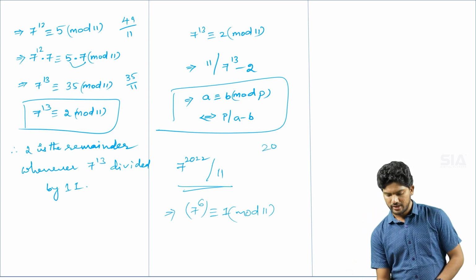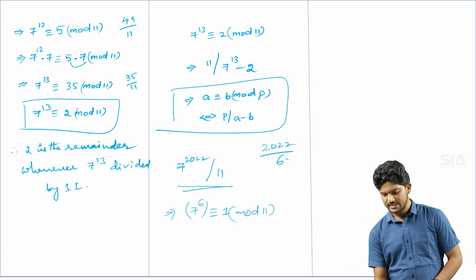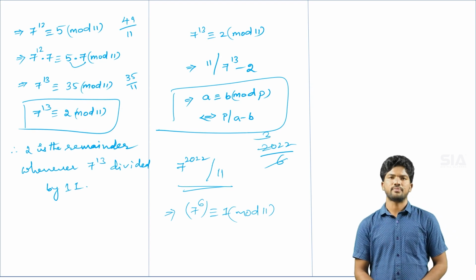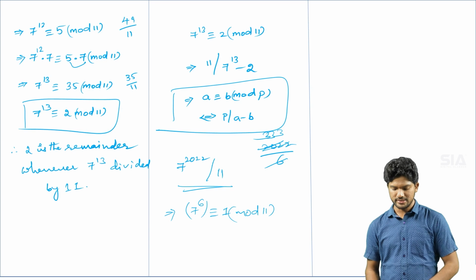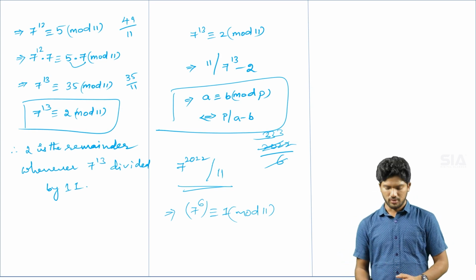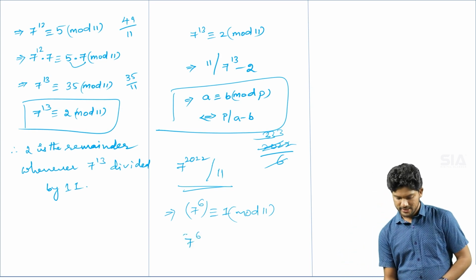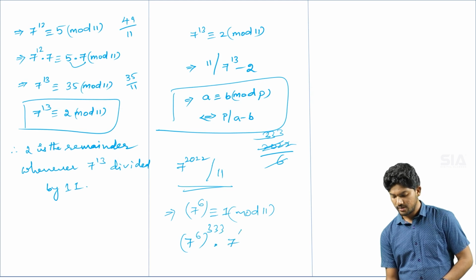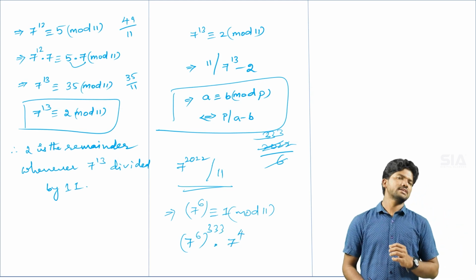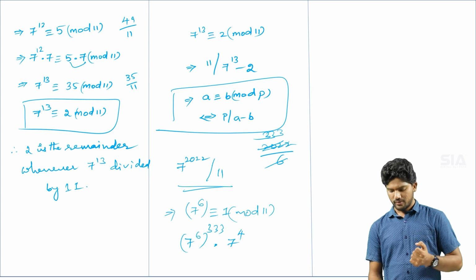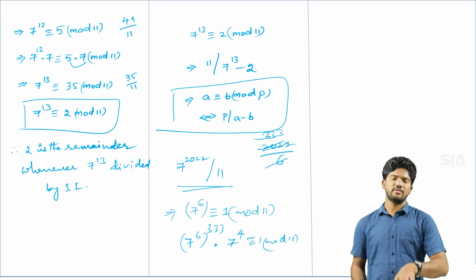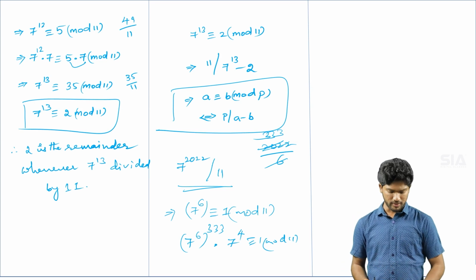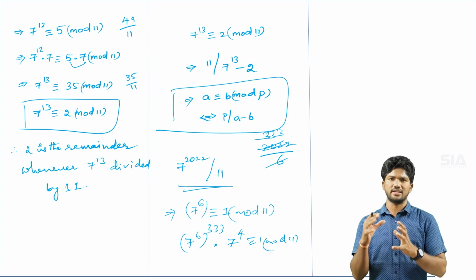That means you have to divide 2022 by 6. 6 ones are 6, 6 threes are 18, again 22, 6 threes are 18, that means 4 is the remainder. So 7^2022 is (7^6)^333 into 7^4, congruent to 1 modulo 11. You already know very well the remainder for 7^4 and that 7^6 is 1. 1^333 is again 1 only.